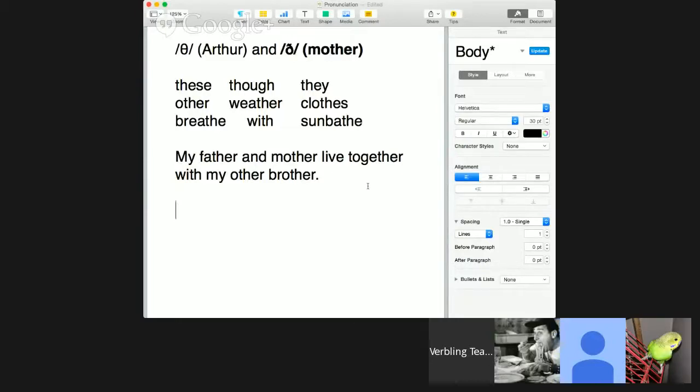We're going to do what we did before and make up a little sentence. So I'll give you a couple of minutes. If you can, type it into the chat box.